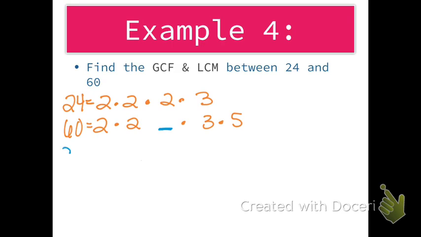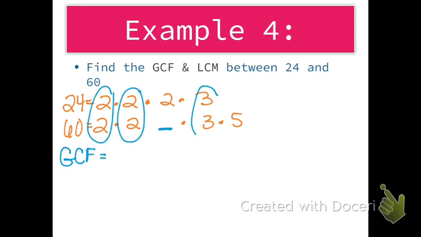Next up, we're going to find the GCF by finding the common factors. So where these are lined up, we have factors that are in both 24 and in 60. They both have two 2s and one 3.